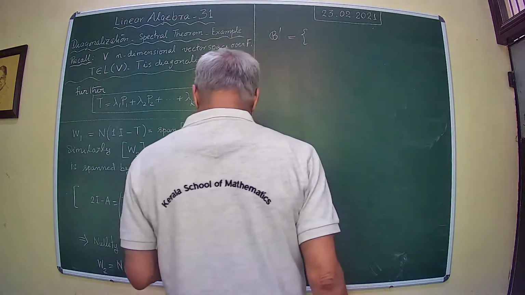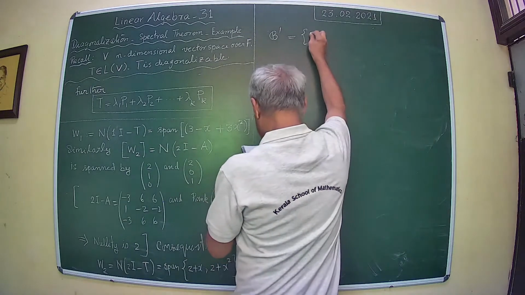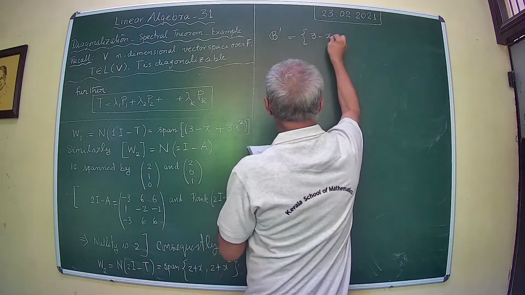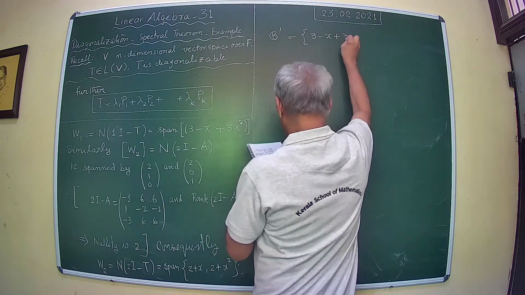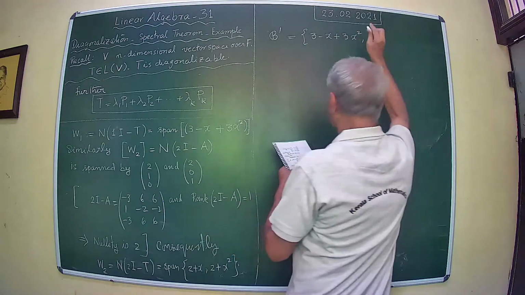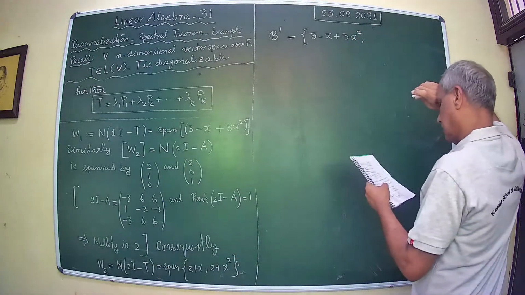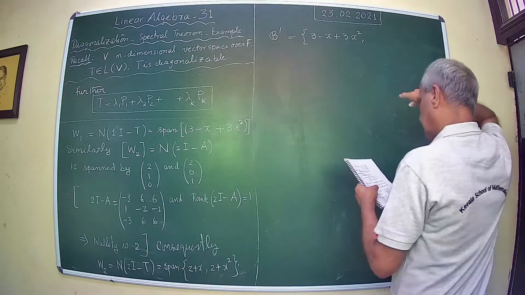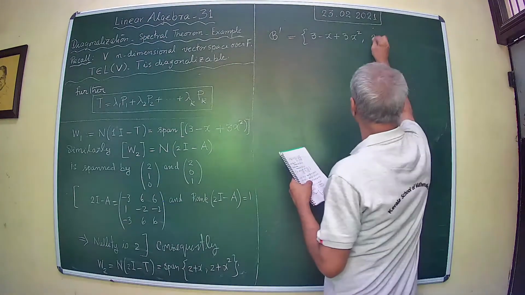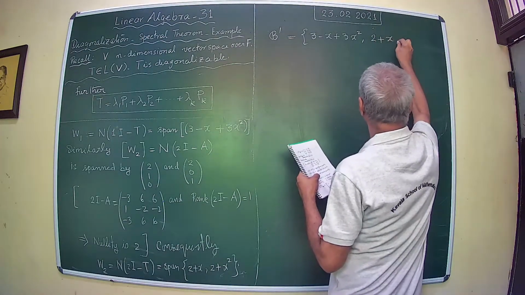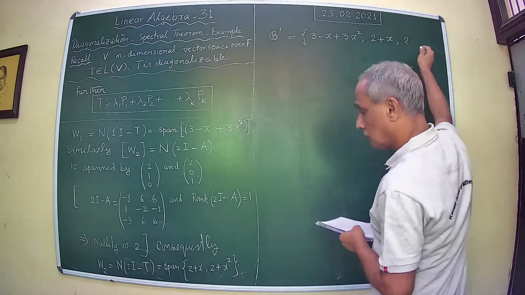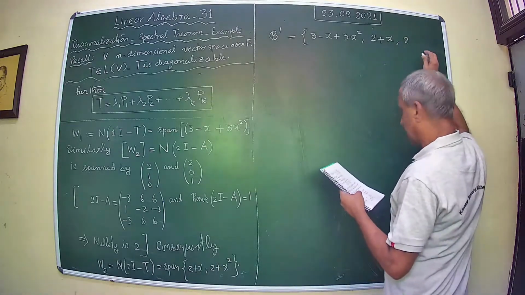They are 3 minus x plus 3x square, then 2 plus x, and 2 plus x square.